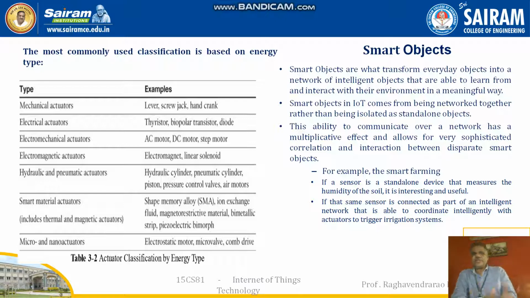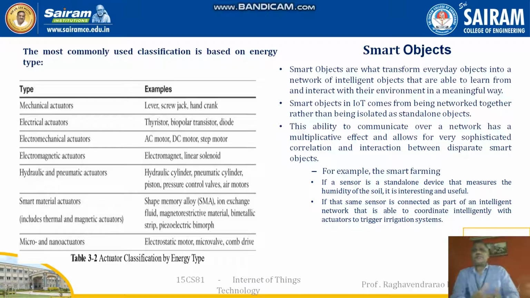So these are the examples that you have to give. Then micro and nano actuators: electronic motor, then micro valve, the combination combo drive. So many of these things are going to be the examples basically. Still more examples are going to be there.